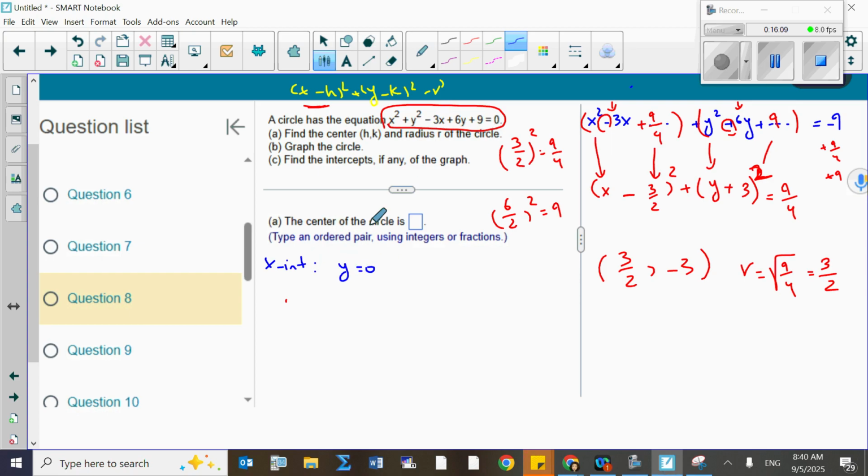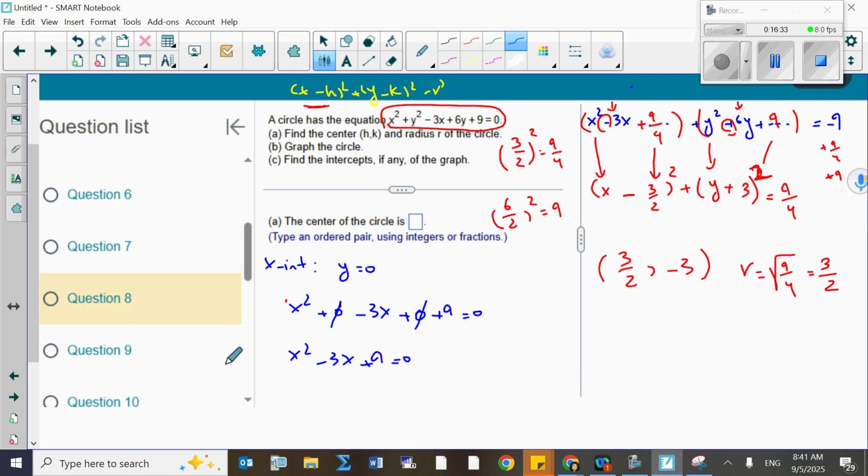I'm going to use this one. So I will have x squared plus 0 squared, minus 3x plus 6 times 0, which is 0, plus 9. Okay. So I have x squared minus 3x plus 9 equal to 0.